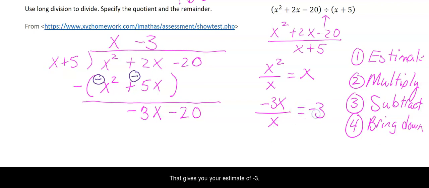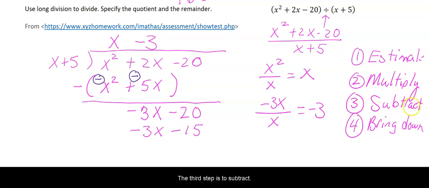That gives you your estimate of negative 3. Next step is to multiply again. So I take negative 3 times x, which gives me negative 3x. The first term should be identical. Then I distribute negative 3 times 5 and get minus 15.